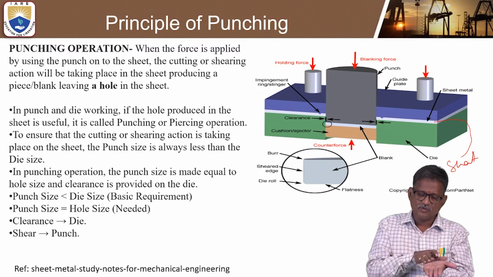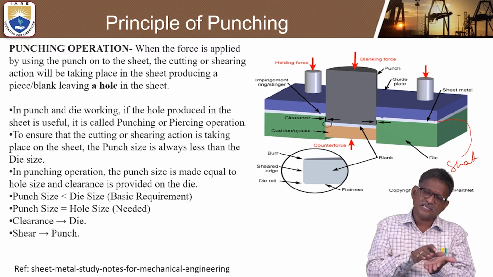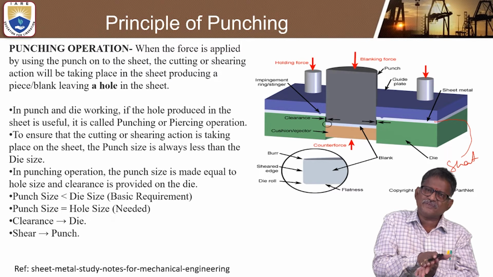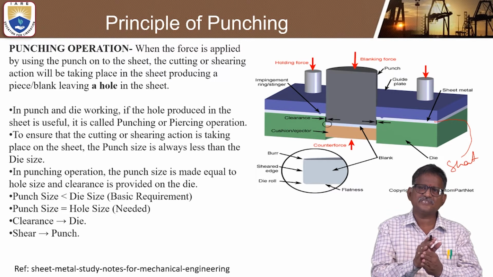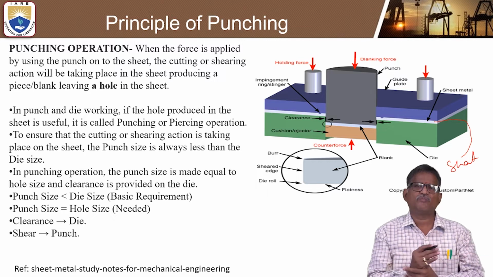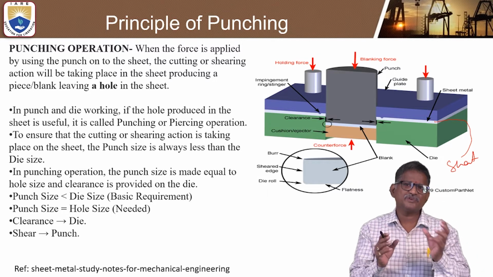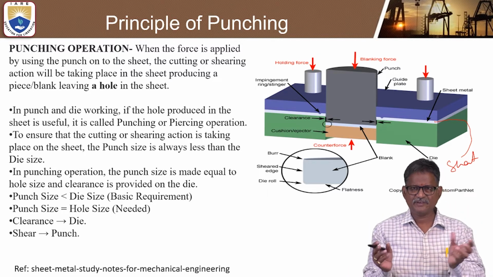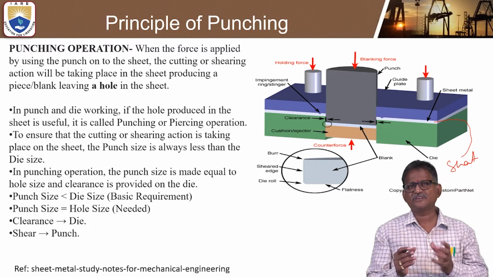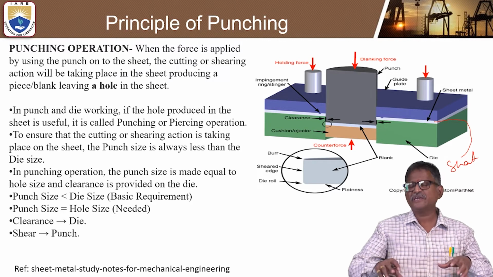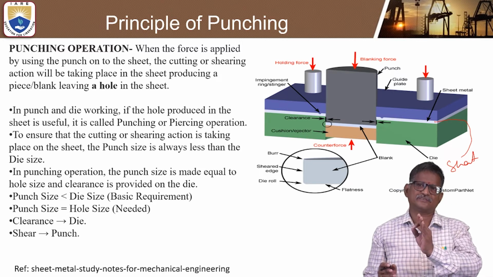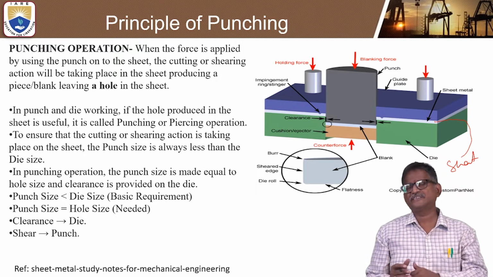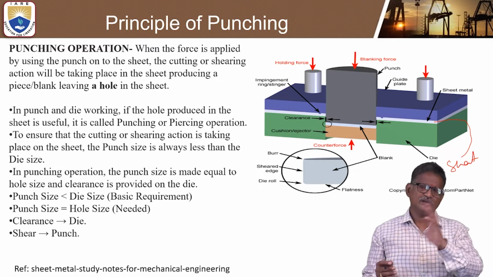Shearing means one plate shears over the other, so that with that sharp edge it will cut or remove the part. So by producing a blank, leaving a hole on a sheet, that is what the punching operation is, making a hole. This is also called a piercing process. You can call it either punching or piercing.